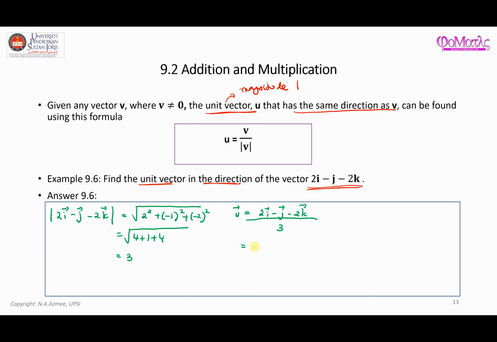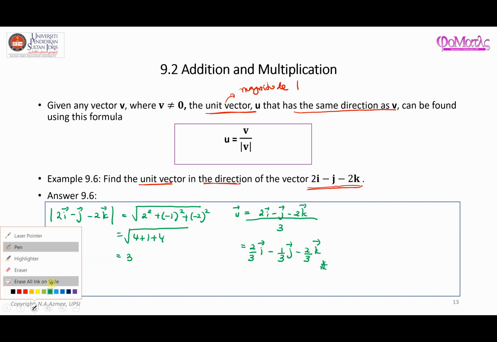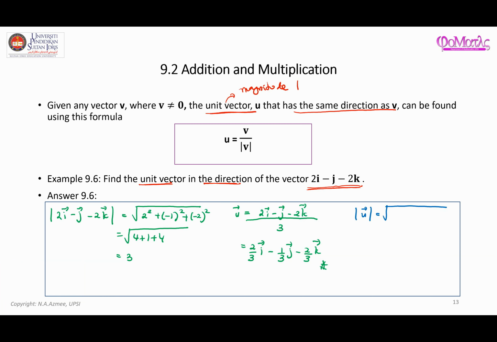And that can be simplified to 2 over 3 of vector i minus 1 over 3 vector j minus 2 over 3 vector k. So this is the answer, and of course you can go on and check whether this is the correct answer by finding the magnitude of vector u. So the magnitude of vector u will be the square root of 2 over 3 squared plus negative 1 over 3 squared plus negative 2 over 3 squared.